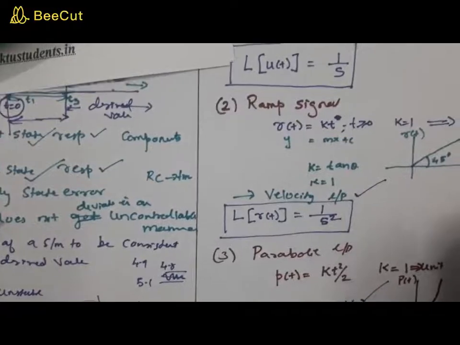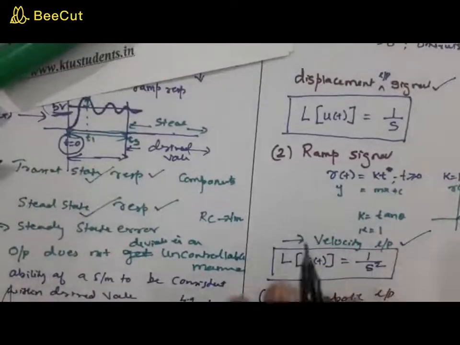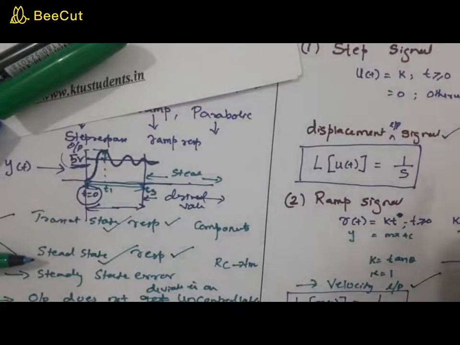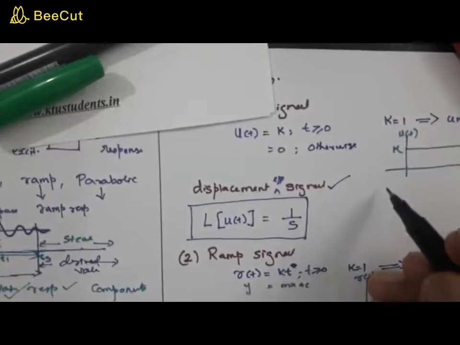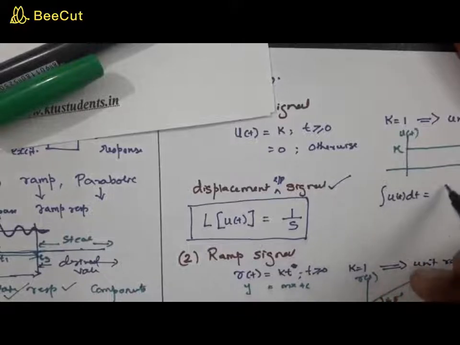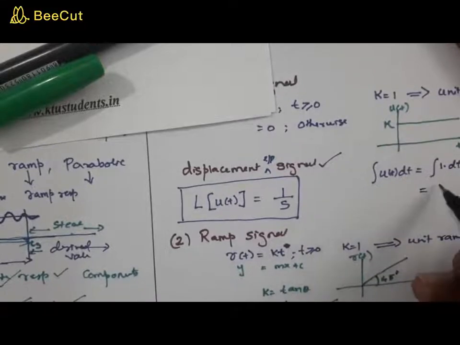Now I'll give you another relationship that exists between these signals. What happens when you integrate u of t dt? When you integrate 1 into dt, you get t.